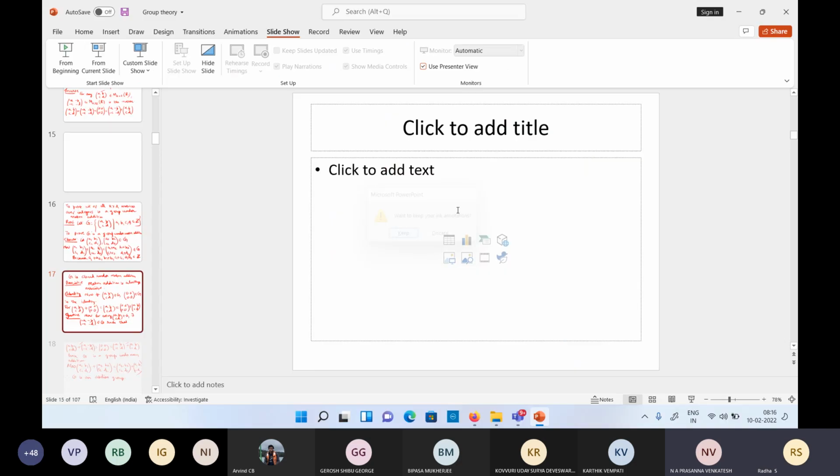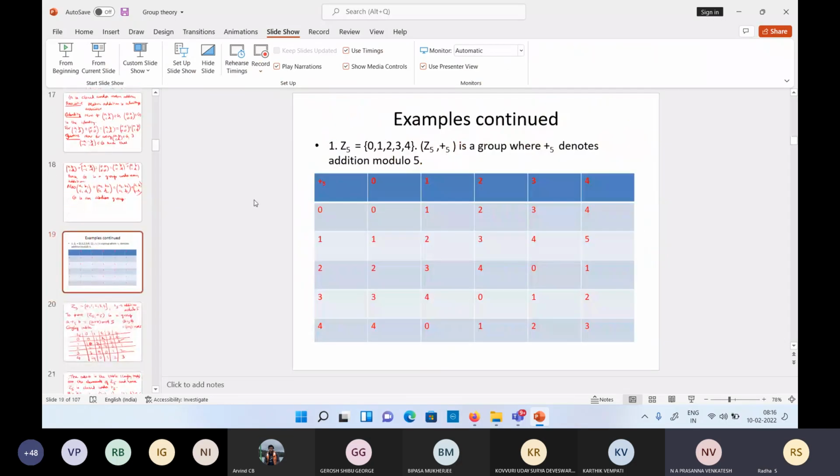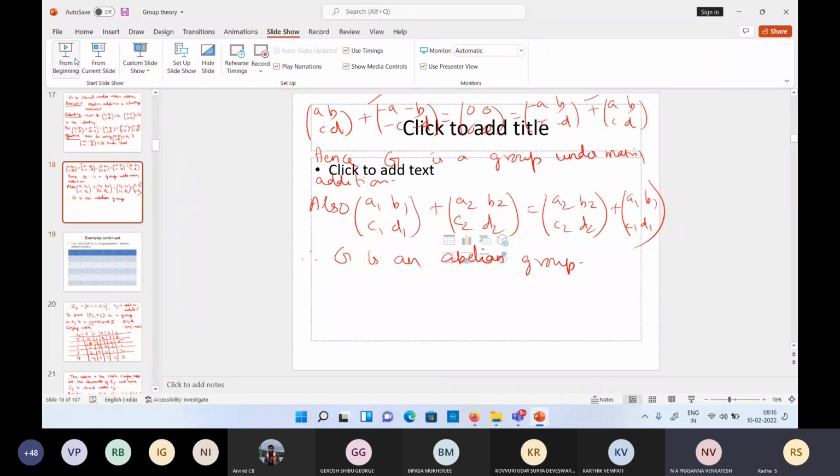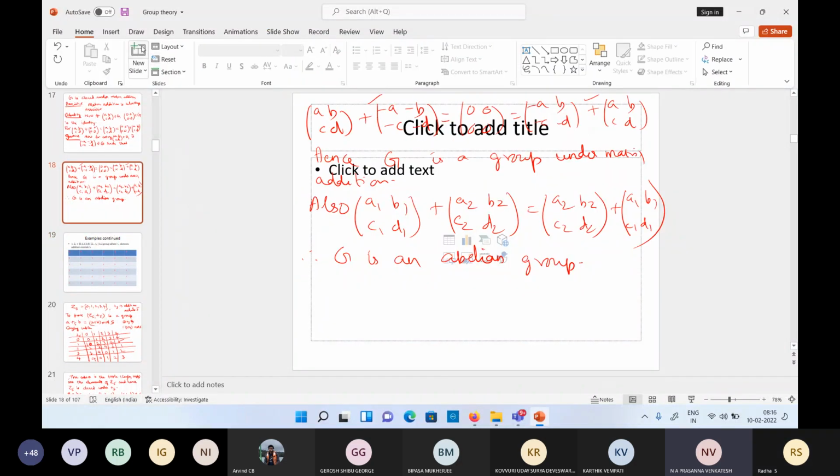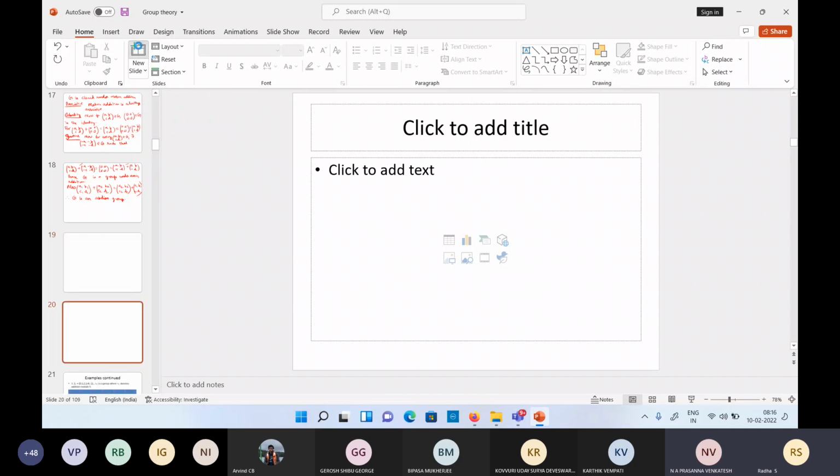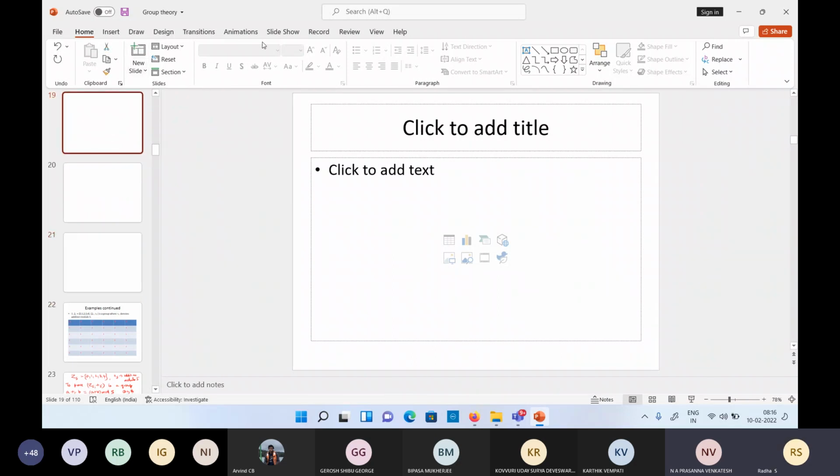Okay. There are two different, very important concepts here. Two types of groups: finite group or infinite group. Whenever you consider groups, they can be classified into two, finite or infinite.